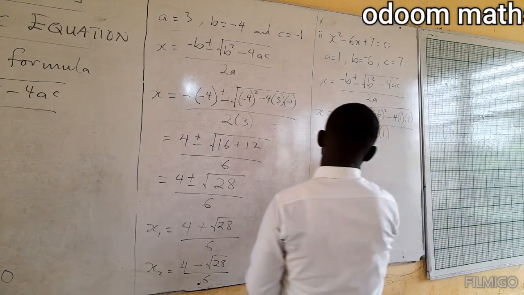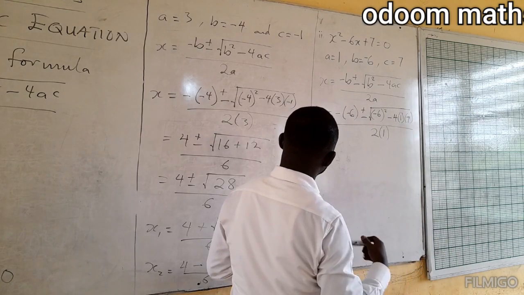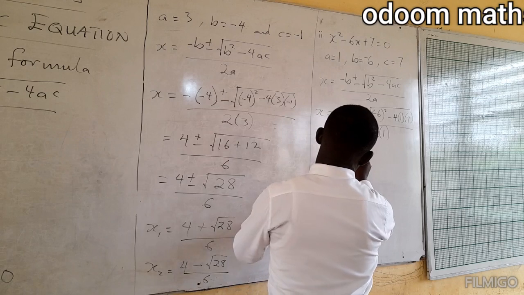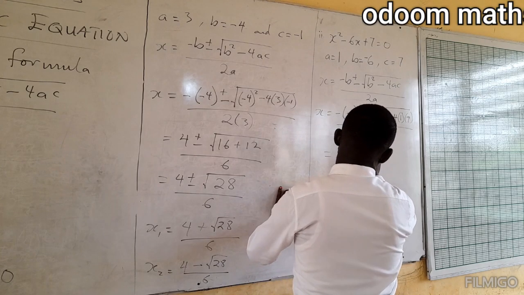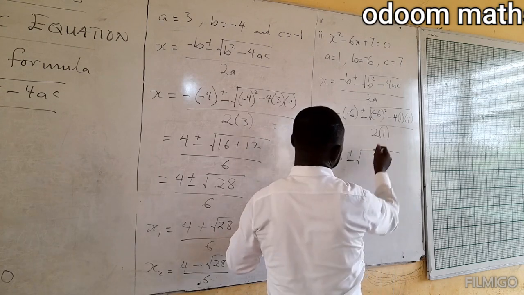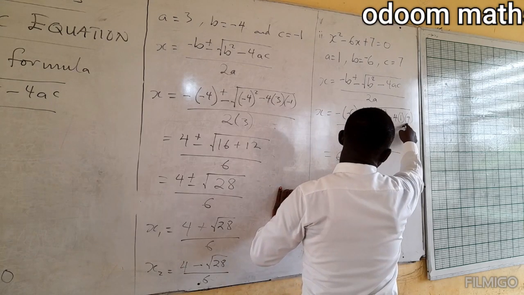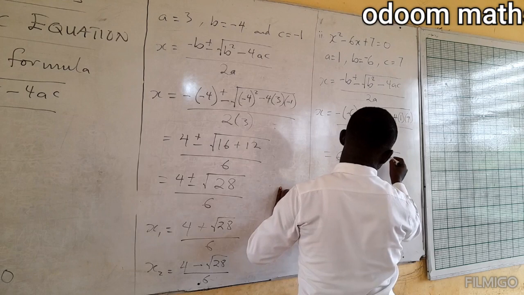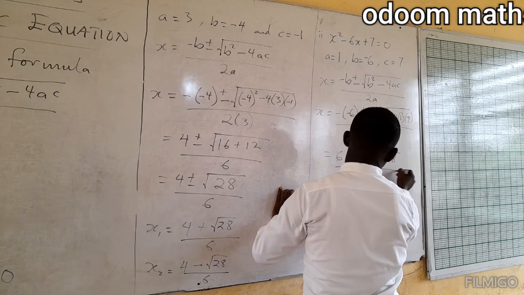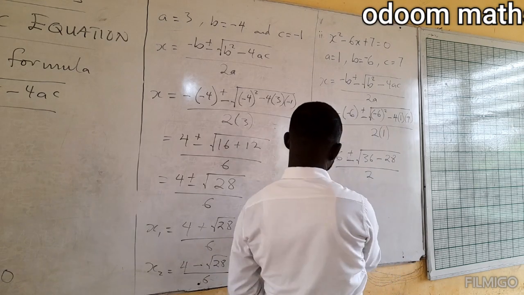So here I'm going to have 6 plus and minus square root of 36, then minus 28, that is 4 times 7, all over 2.